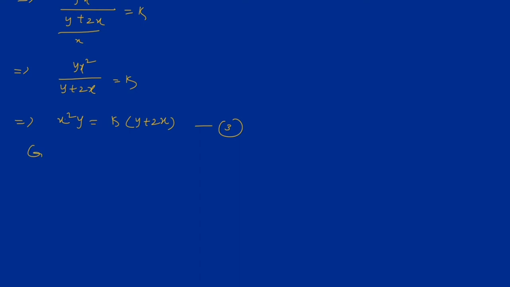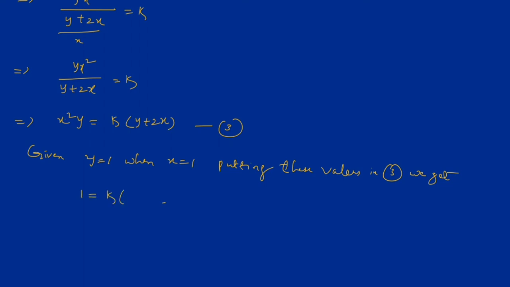Given here y equals 1 when x equals 1. Putting these values in 3, we get x square y, x is also 1, y is also 1, therefore it is 1, which equals k times y plus 2x. Y is 1, x is 1 means 1 plus 2.